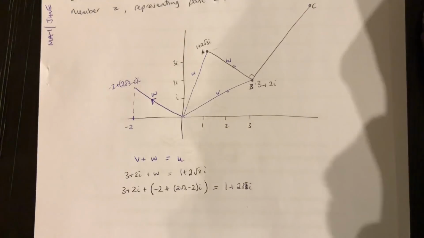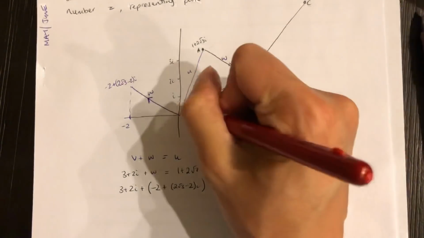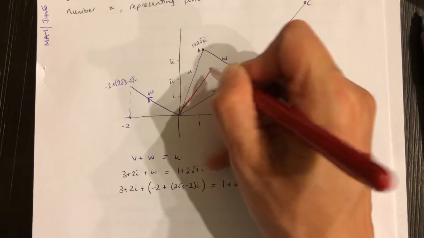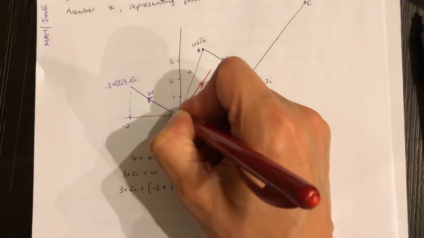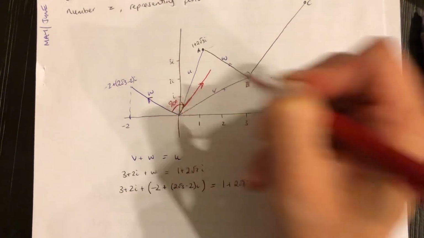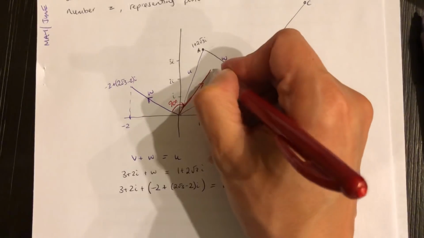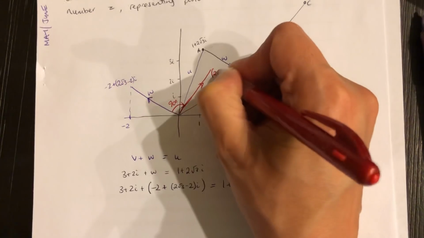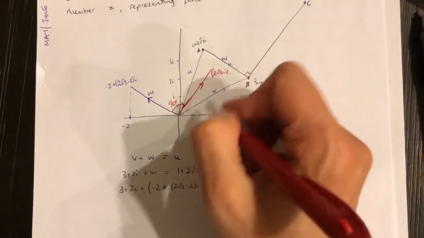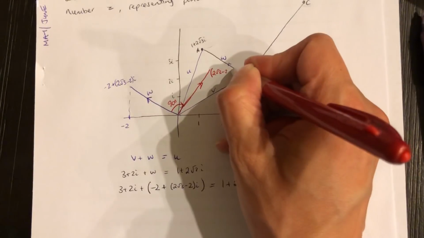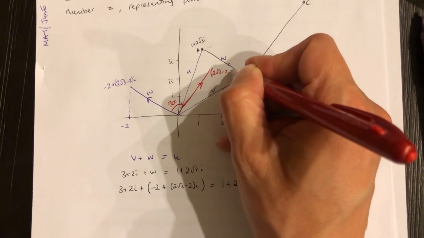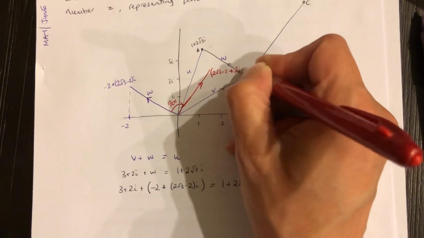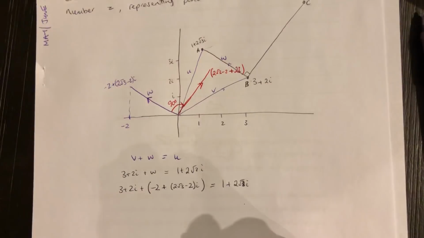So if I just switch my colour here so you can see, if we take that W and we now go off in that direction, the same distance, but we've turned it 90 degrees, then we have to go 2 root 3 minus 2 as our x direction, and then plus 2i there.